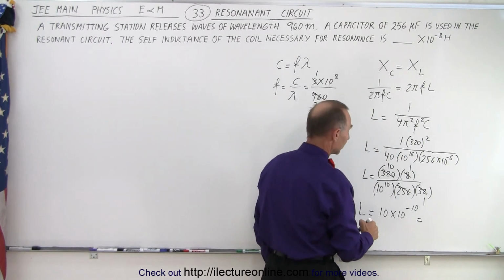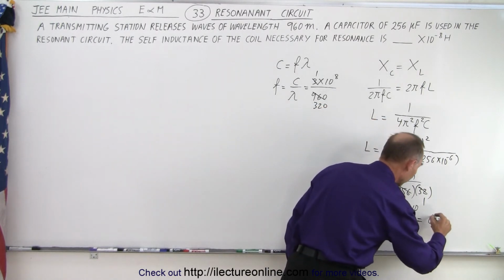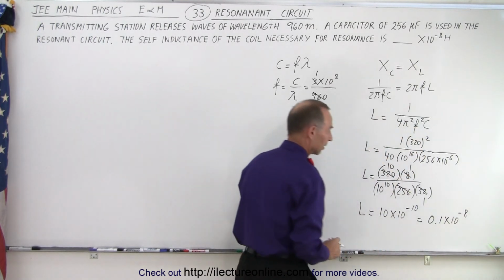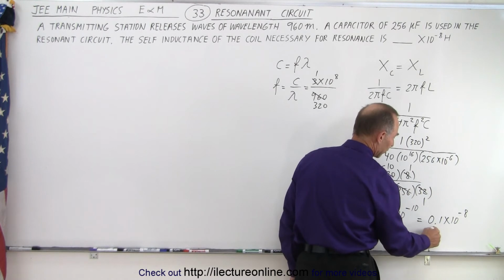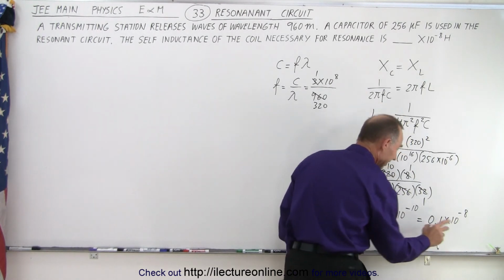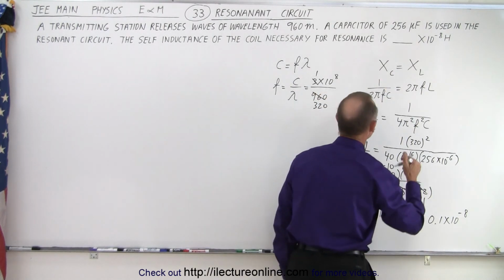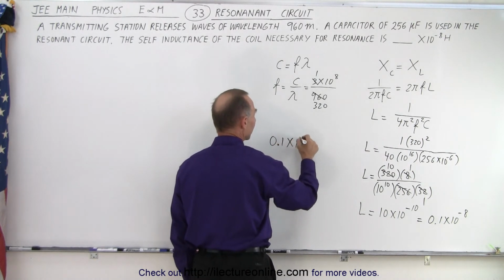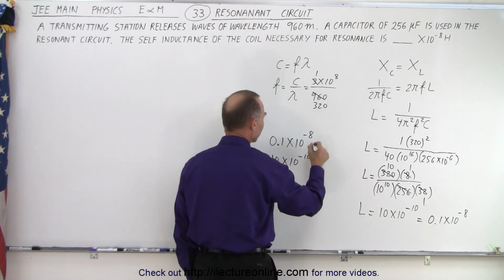Okay, how do we convert? 10 to the minus 8 is bigger than 10 to the minus 10, so we make this smaller, so it would be 0.1 times 10 to the minus 8. Multiply by 10, divide by 10, that gives us 1 times 10 to the minus 9, 10 times 10 to the minus 10. Yeah, so 0.1 is what we're looking for, and that is what goes in here. So we have 0.1 times 10 to the minus 8, or 10 times 10 to the minus 10.